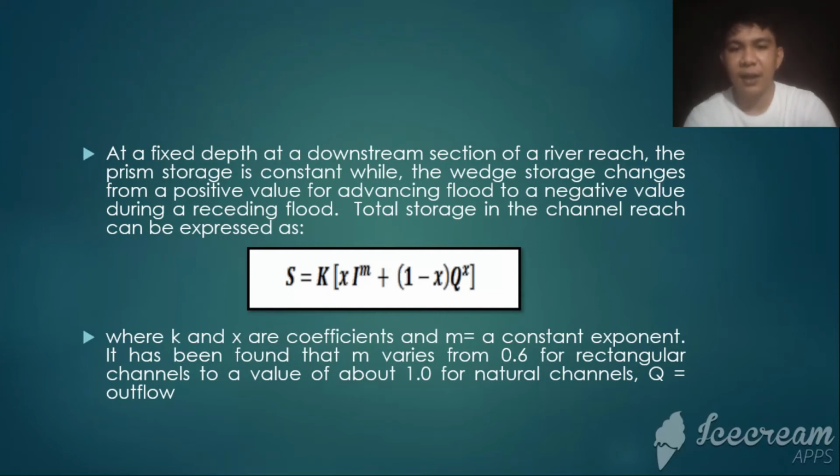By the way, the K and X there are the Muskingum coefficients. So where K and X are coefficients, and m is a constant exponent. It has been found that m varies from 0.6 for rectangular channels to a value of about 1.0 for natural channels.